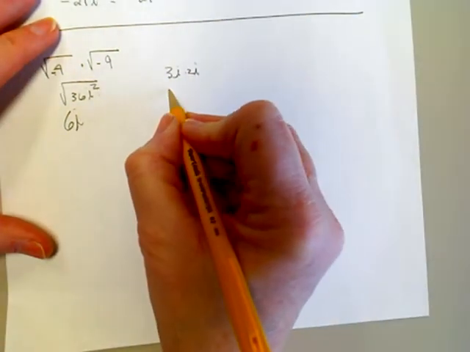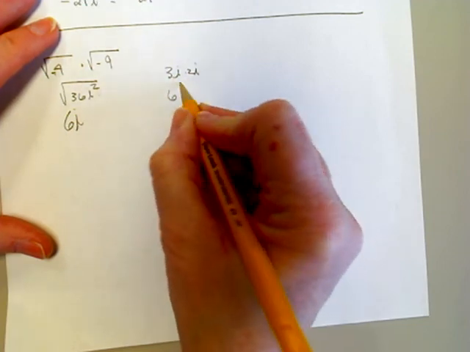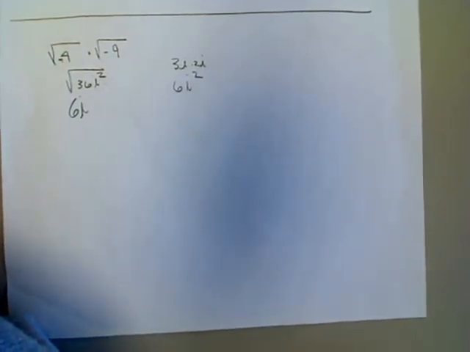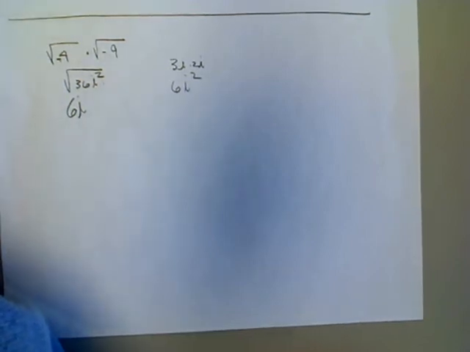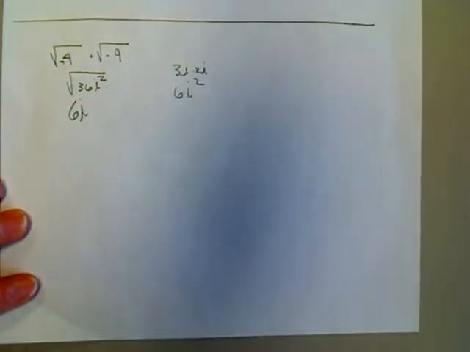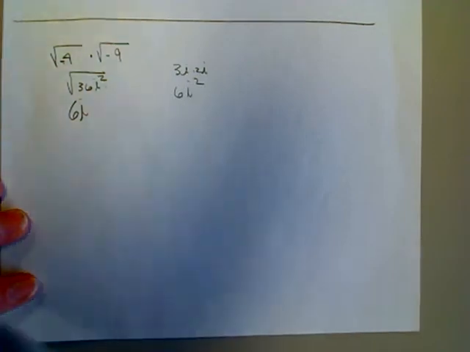That's going to give you 6i squared. Oh, I see what you're saying. Let me look back at my notes and see how I actually did that. Negative 1 i squared. You are correct. It should have been negative 6i.